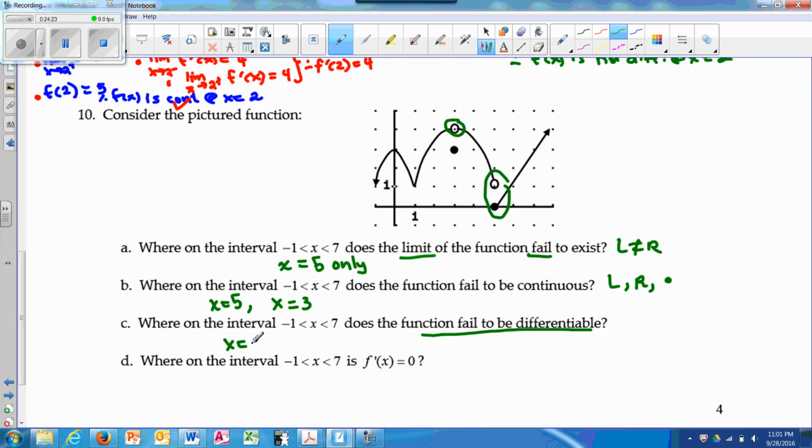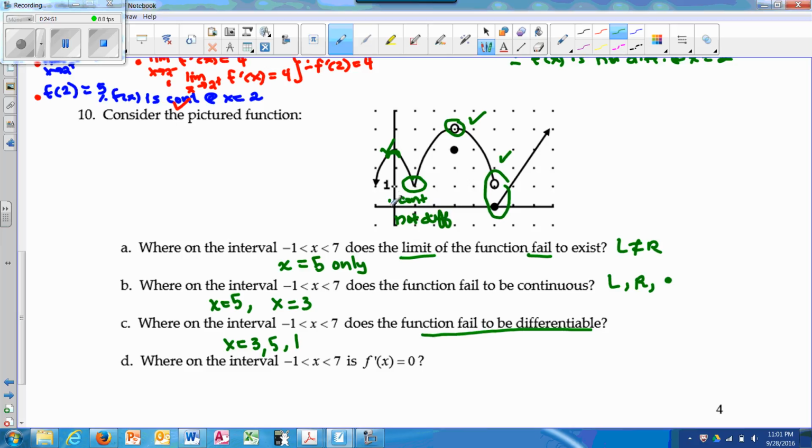For number 10, where does the limit fail to exist? The limit only fails to exist if the left doesn't equal the right. So the limit fails means left does not equal right. That only happens here at 1, 2, 3, 4, 5. So x equal to 5 only.